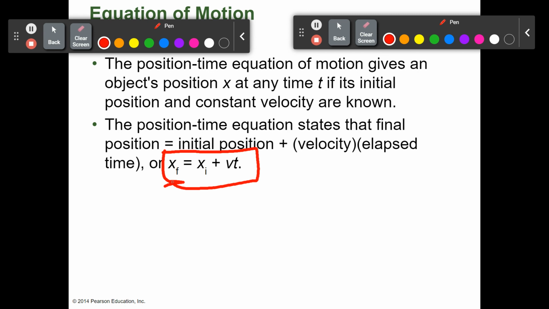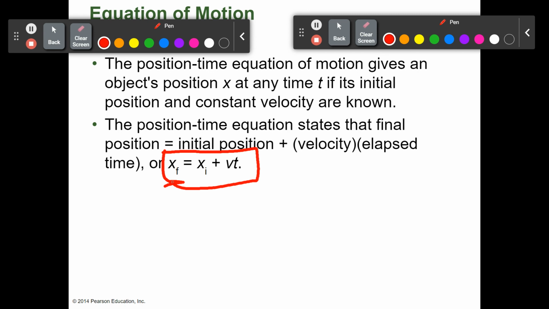If I start here and I end at the band room, then I need to know how fast I'm going and how long I'm going that fast to determine where I'm going to end up. If I'm going to run at 11 and a half minutes per mile, that's my pace, so what would that be? 5.5 miles an hour.